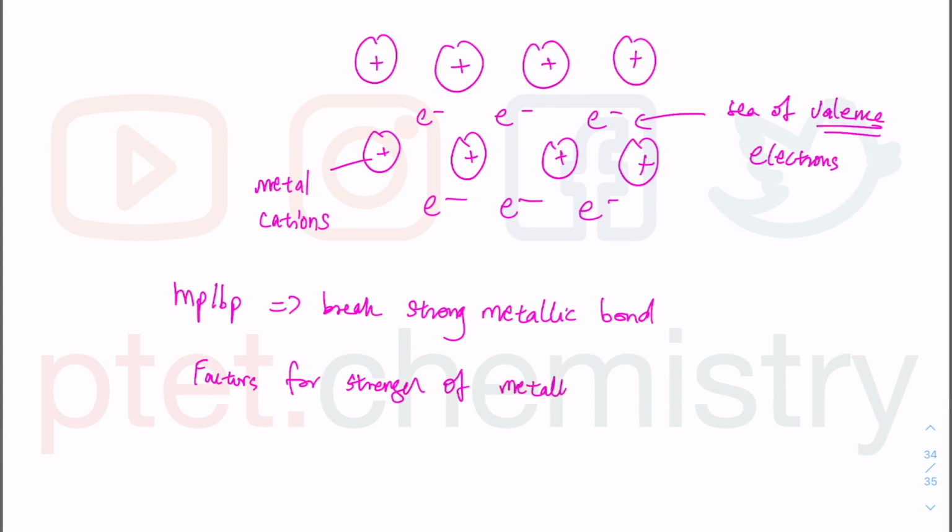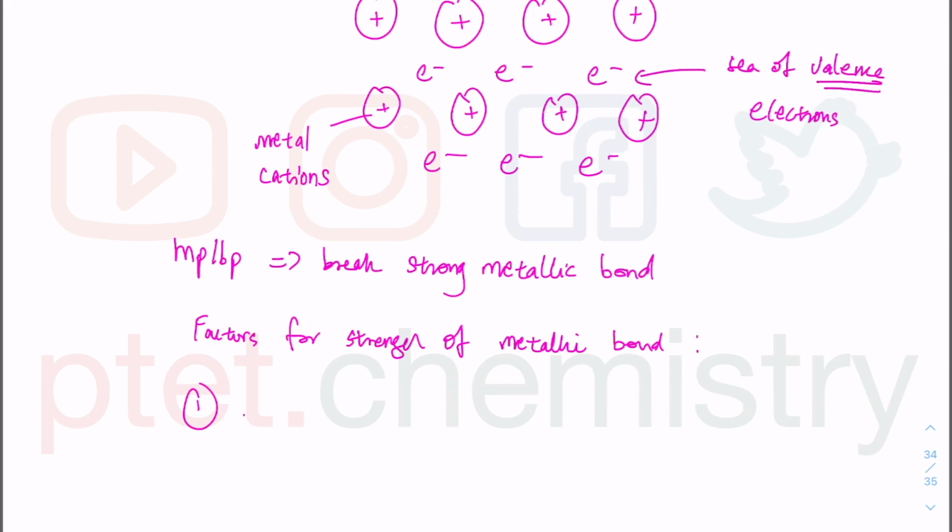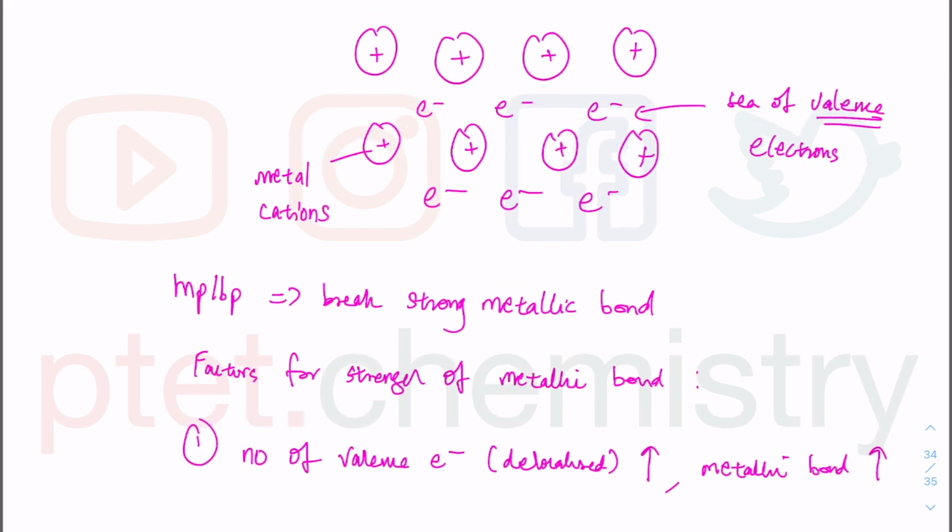This is actually a metallic bond topic. One of which is obviously the number of valence electrons delocalized. If it increases, then the metallic bond gets stronger, and therefore the melting point will get higher, because if you have more electrons in the system, there are more attractions, it's harder to break the metallic bonds, which get stronger, and therefore the melting point increases.